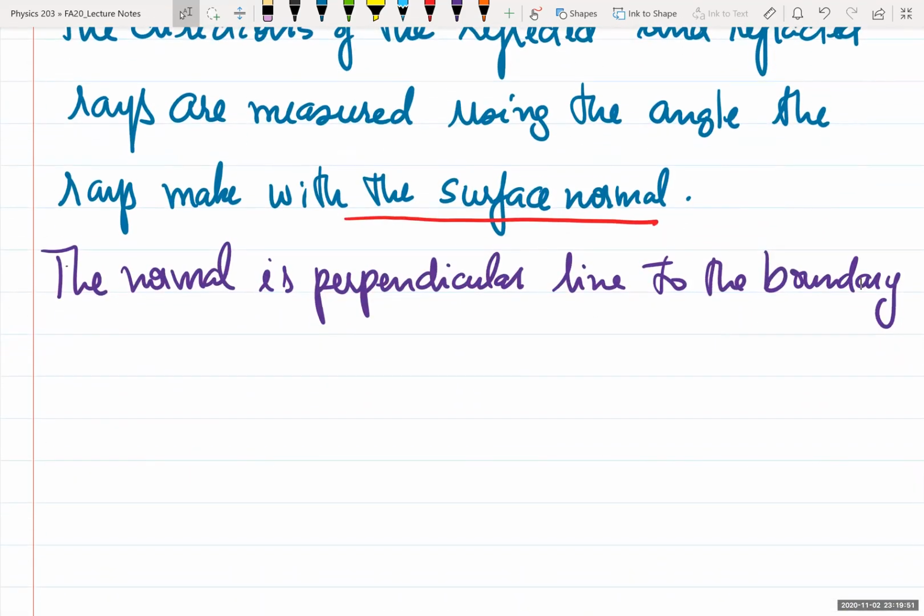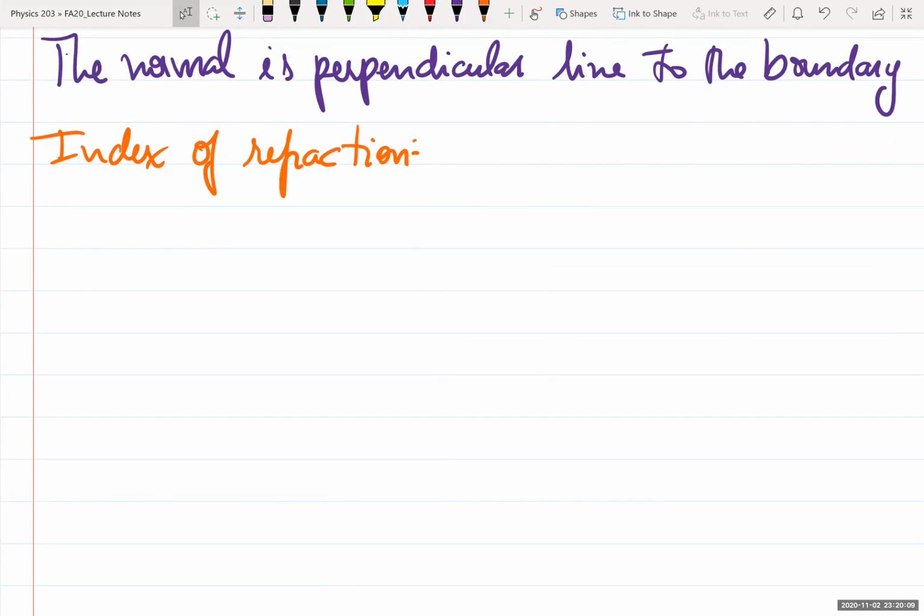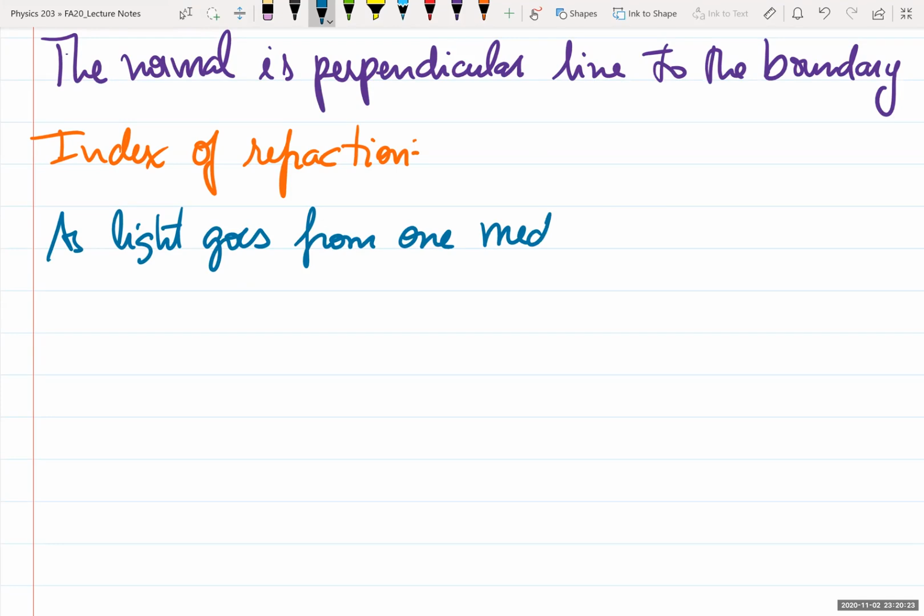Okay. Our next topic in here is what we call the index of refraction. Okay. And as light goes from one medium to another, its speed changes.